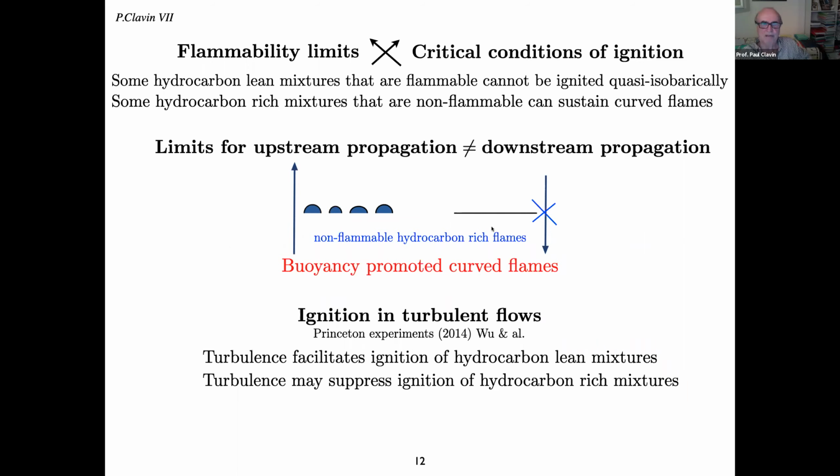So you cannot propagate a planar flame. The composition is such that you cannot propagate a planar flame, which is the case because the flame velocity is small for downward propagation, but you can propagate upward. So in a sense, this is an important problem for safety because buoyancy promotes curved flames and promotes combustion of mixtures that are non-flammable when considering only the planar case.